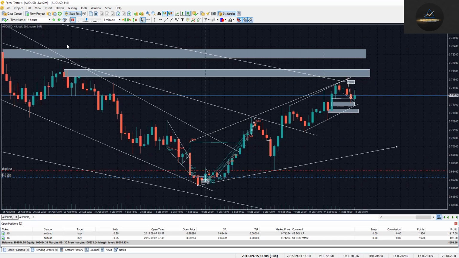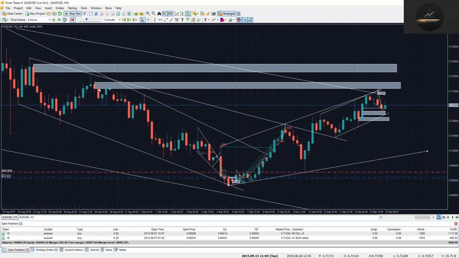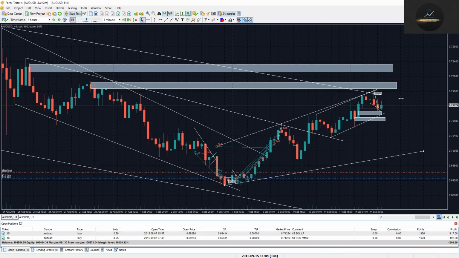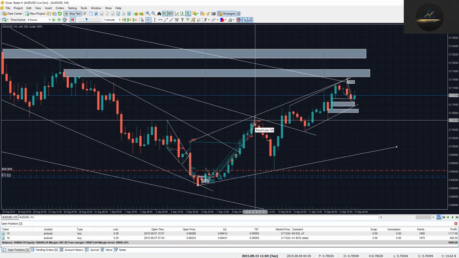Okay, so I remember yesterday I was looking for potential shorts where we've got some H1 liquidity up here. It hasn't been fully tested, so let's see what happens. And we've got another one up here, for potential shorts. I've actually taken and banked some profits here.